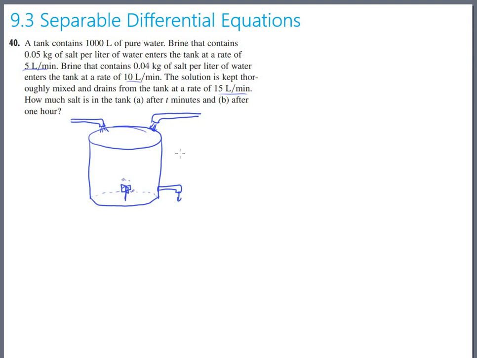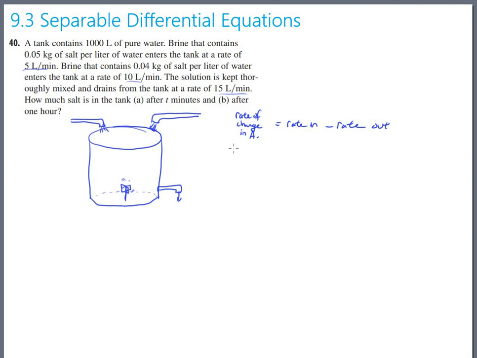So it's being kept mixed. Okay, so the big key here for mixing tank problems is to say the rate of change in the amount is equal to the rate in minus the rate out.